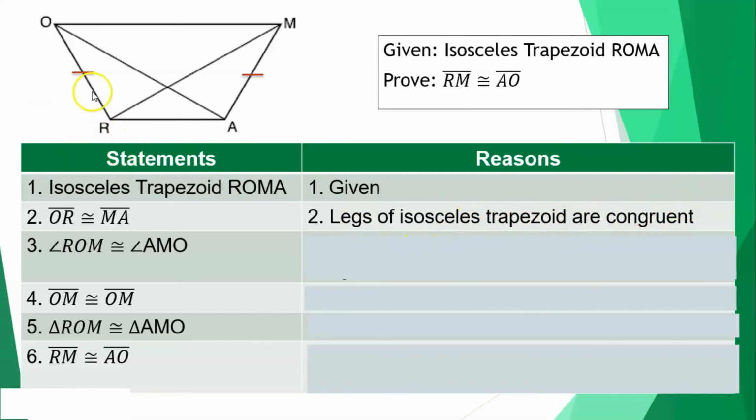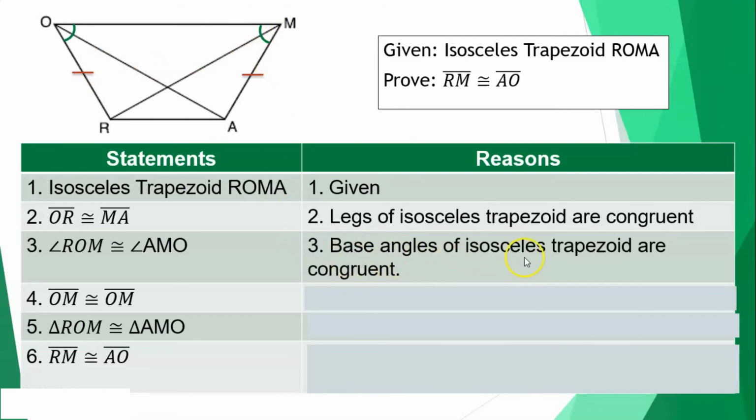Okay, another. Angle ROM is congruent to angle AMO. Take note in here, base angles of an isosceles trapezoid are congruent. Okay, another. We have here a statement OM is congruent to OM. Take note, that is by reflexive property. So with that, we can say that triangle ROM is congruent to triangle AMO based on the markings.